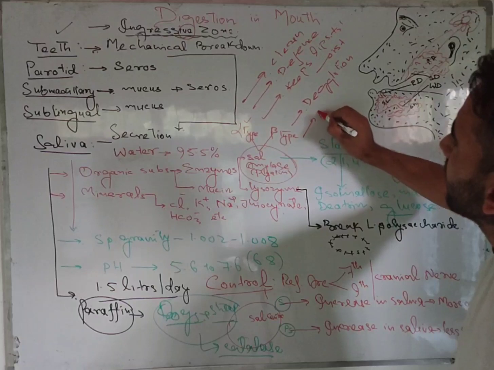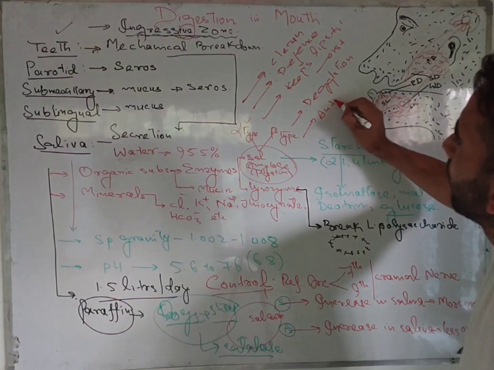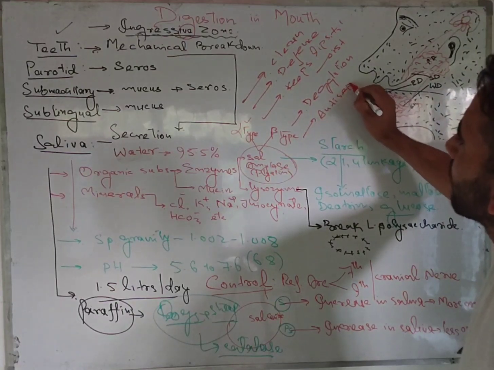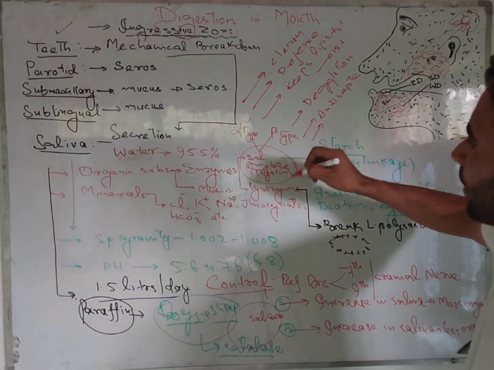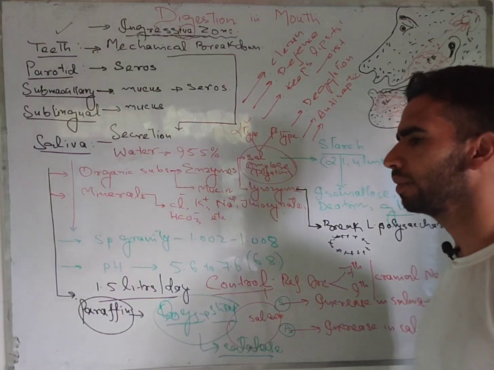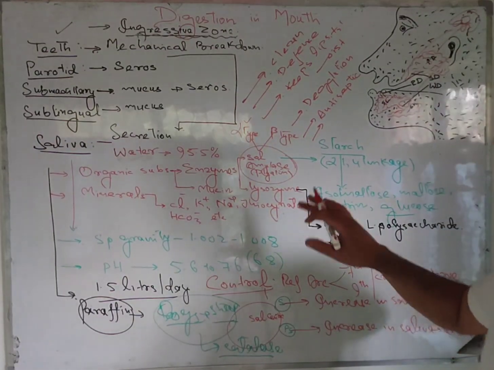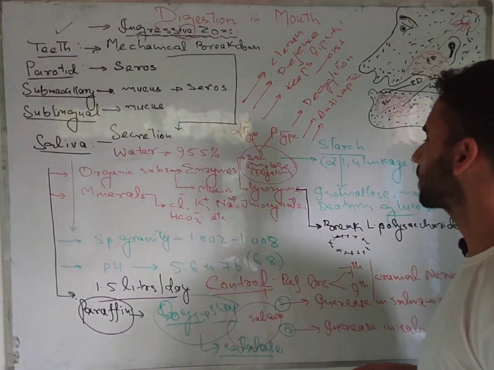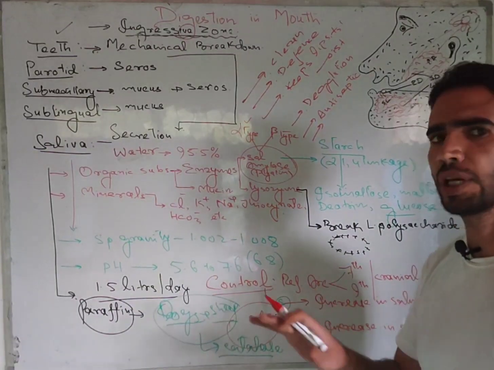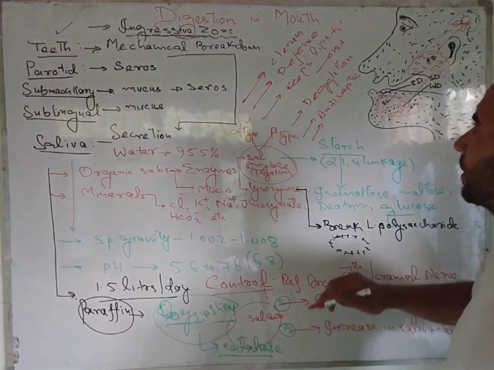It also acts, as I already told you, as an antiseptic secretion, because it also contains another organic substance, immunoglobulins, and immunoglobulin A has also been found in our saliva, which is responsible for neutralization of different pathogenic agents.